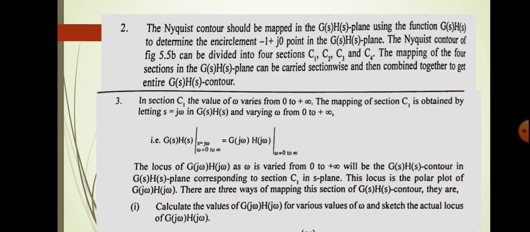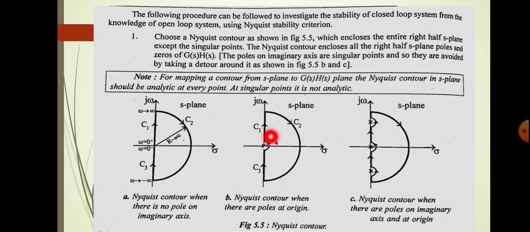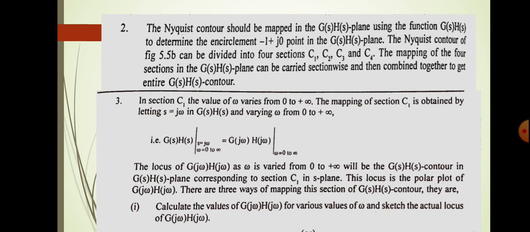And the next section is C4. You can see here, we have discussed C1, C2, C3, and next we have a small section that is C4, that is also a semicircle and its radius tends to 0. In the case of a semicircle, we make the substitution s equal to R e raised to j theta.